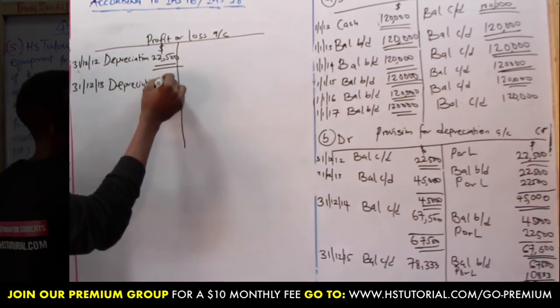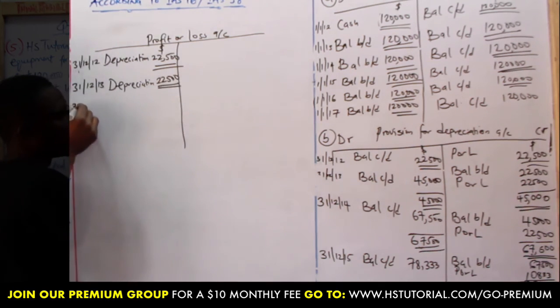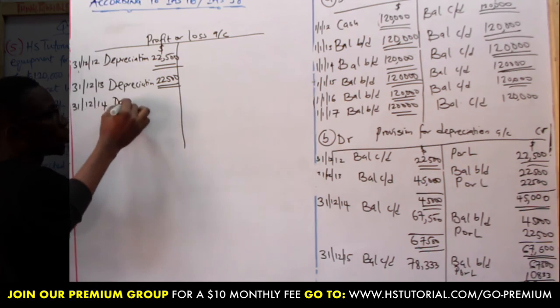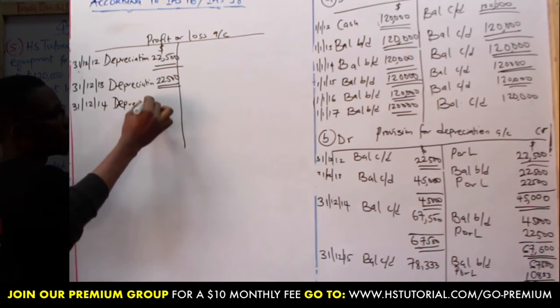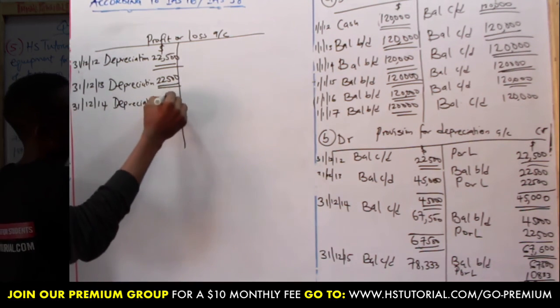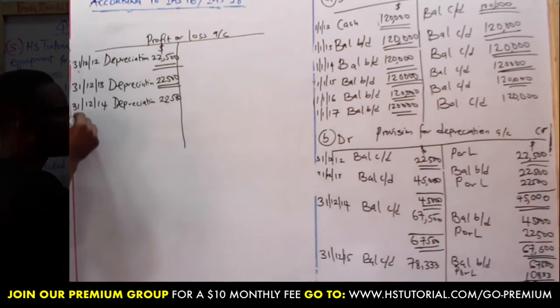Depreciation, that's 22,500. Then for the fourth year, 31/12/2014, depreciation. Still 22,500.